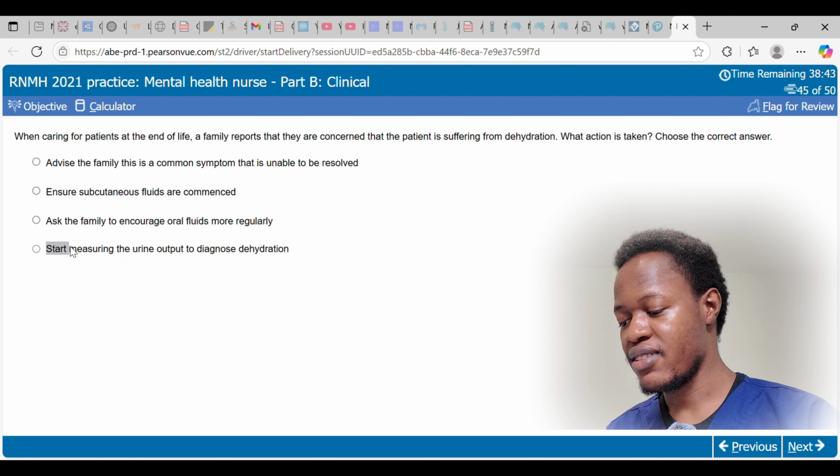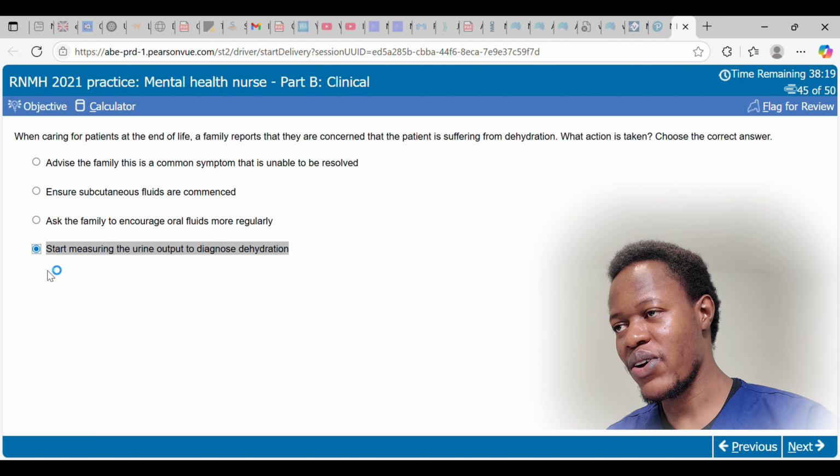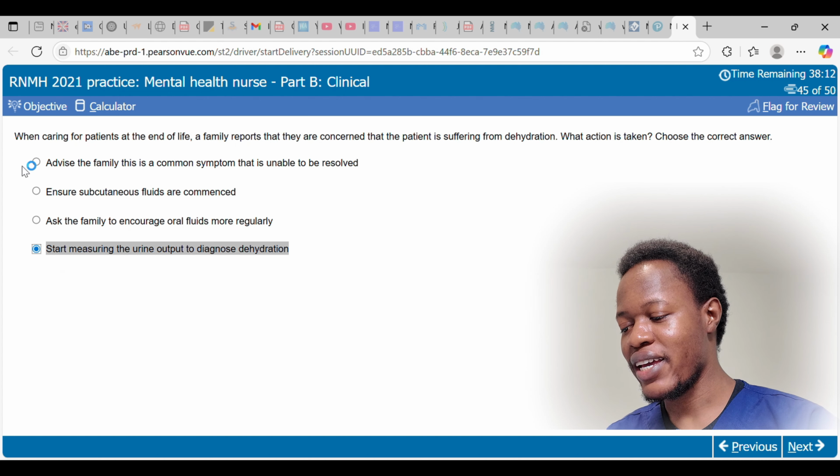And D. Start measuring the urine output to diagnose dehydration. This is a little confusing because for someone at end of life, we have to take note of their urine output anyway. So I'm doubting between B and C, but I'll just go with B and flag for review.